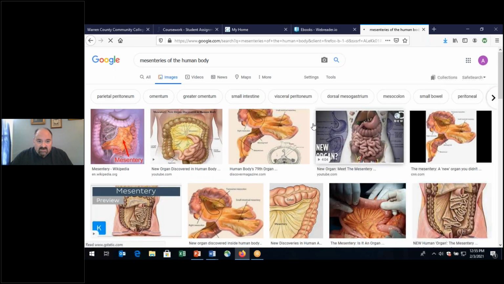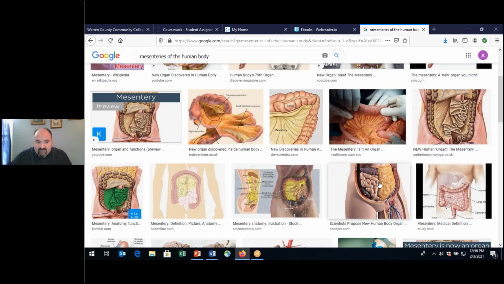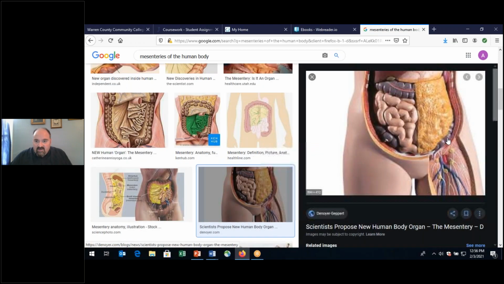Okay, so let's take a look here. You can see here that we have the apron of mesentery that's covering the abdominal contents. So we have here small intestine, large intestines, right? You can see the gallbladder and the liver and the stomach right there.